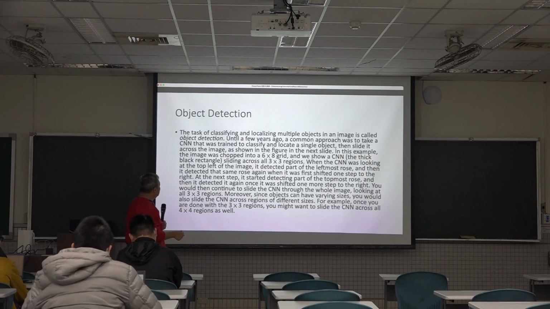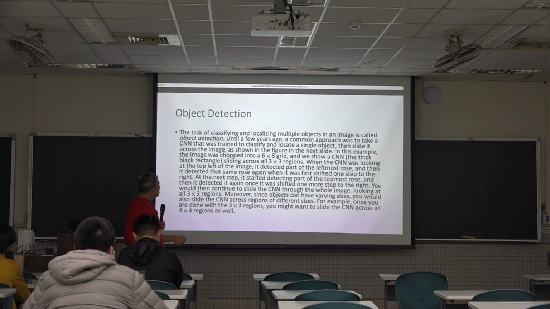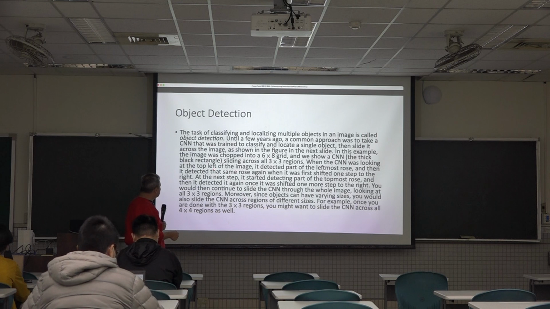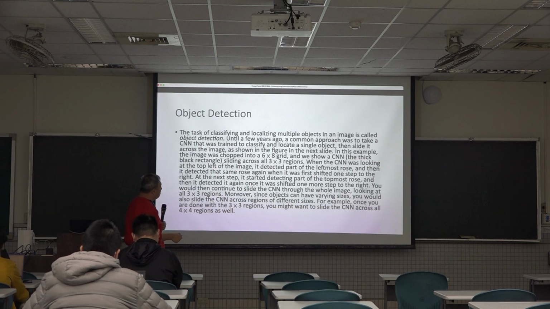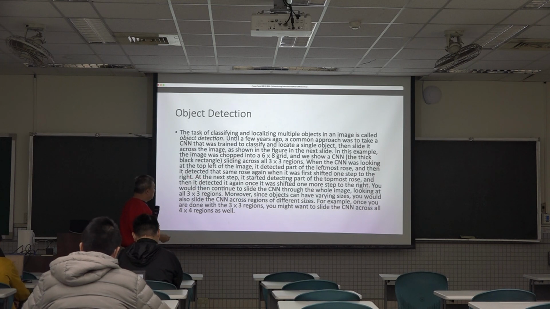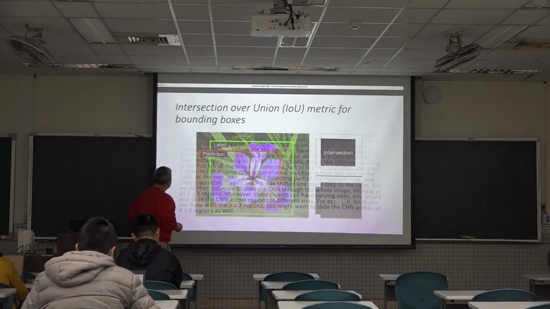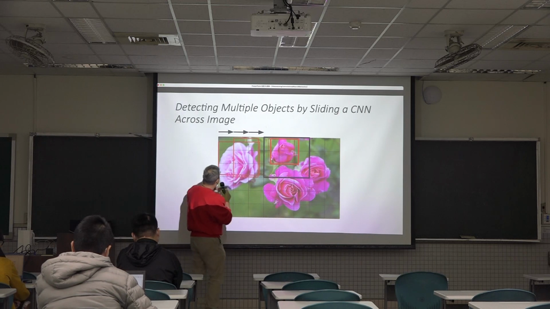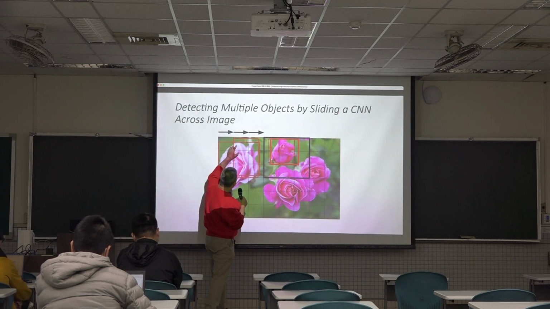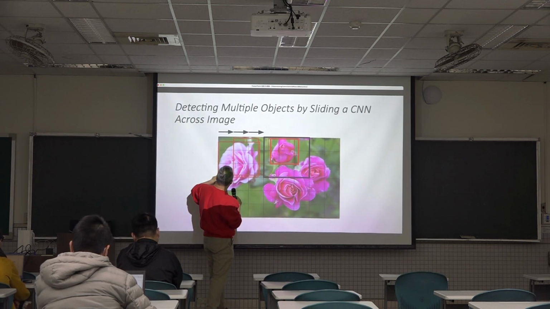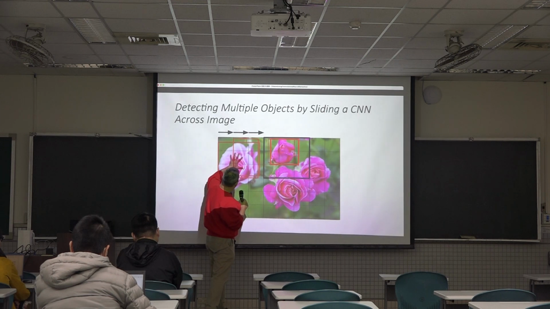So, for example, when the CNN was looking at the top left of the image, it detects part of the leftmost rows, and then it detects the same rows again when it was shifted one step to the right, and so on. When the first 3 by 3 window is here, it detects part of these rows.